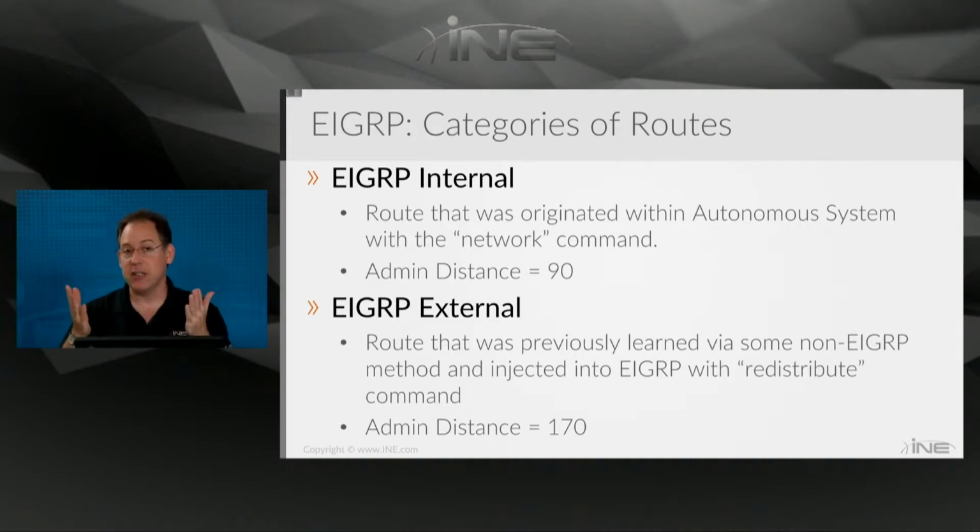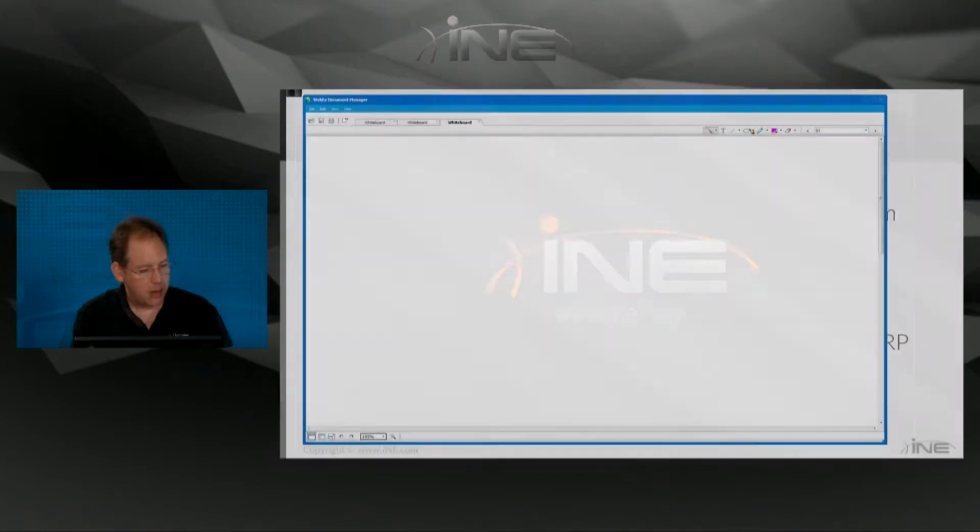So clearly, you can see that if one router sends you, let's say, the 20 network as an EIGRP internal route, and let's say, well, all right, let's do it like this. Actually, I think this really will demonstrate it quite well.